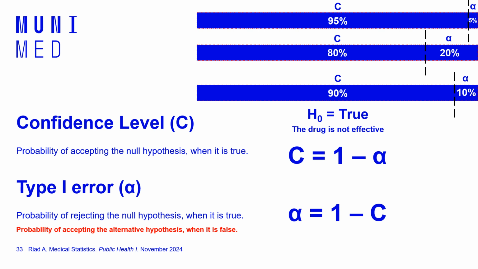If you would like to reject something that is true, would you like to make this error 50%? Of course not. You need to decrease it as much as possible. That's why the null hypothesis should be rejected when it's true only by a very small percentage, which in this case is 5%.